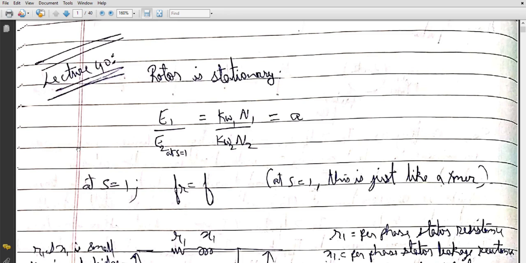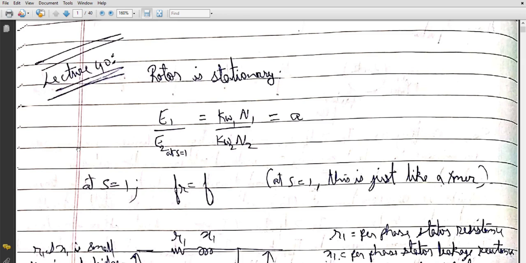Now in today's lecture, I'll concentrate on the relation between the transformer and an induction machine. If you talk about the equivalent circuit, the transformer and the induction machine resemble each other.